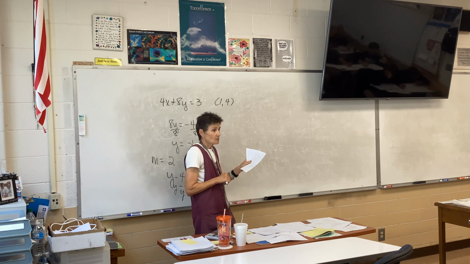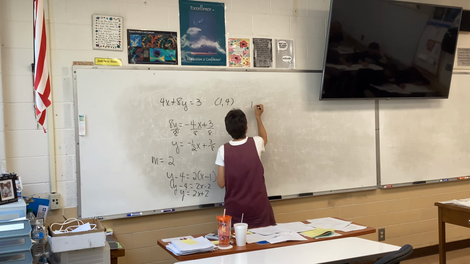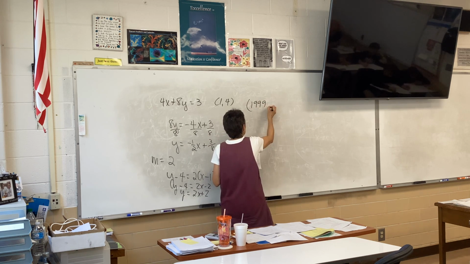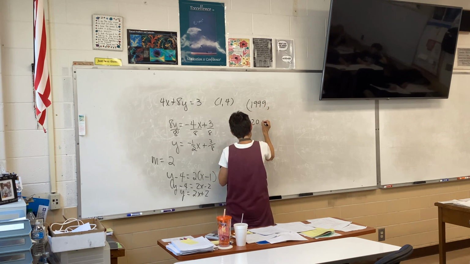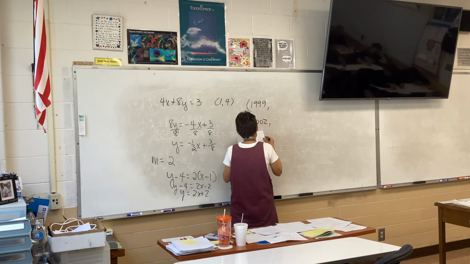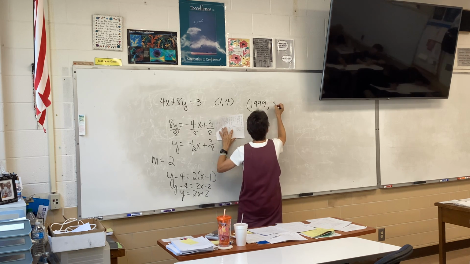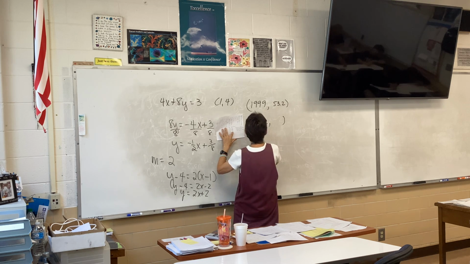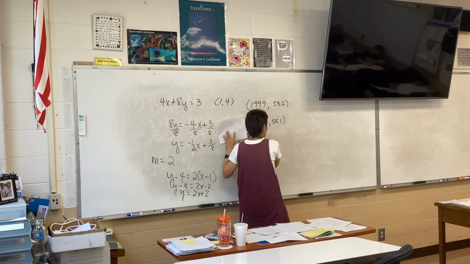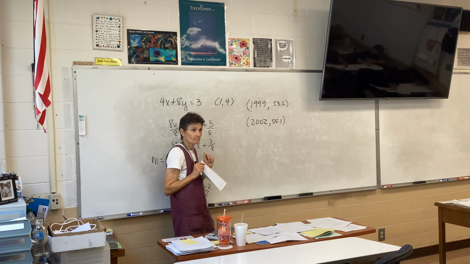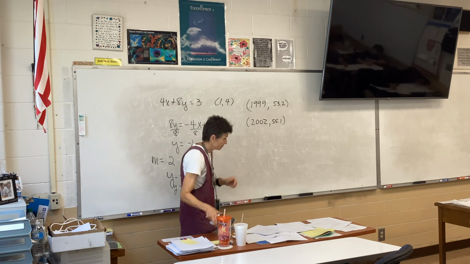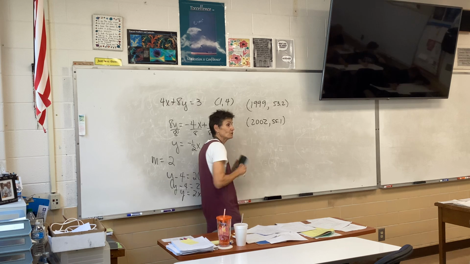Okay, so look at 1999 and 2002, and those data points, this is 53.2, and this is 55.1. Everybody with me? So here we go. What do I have to do first?